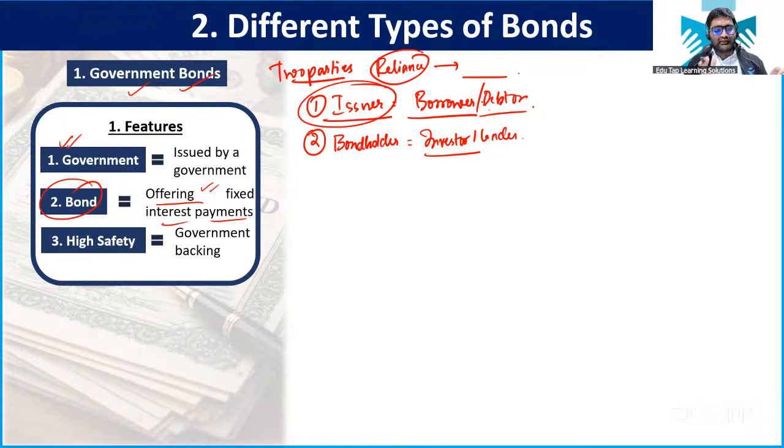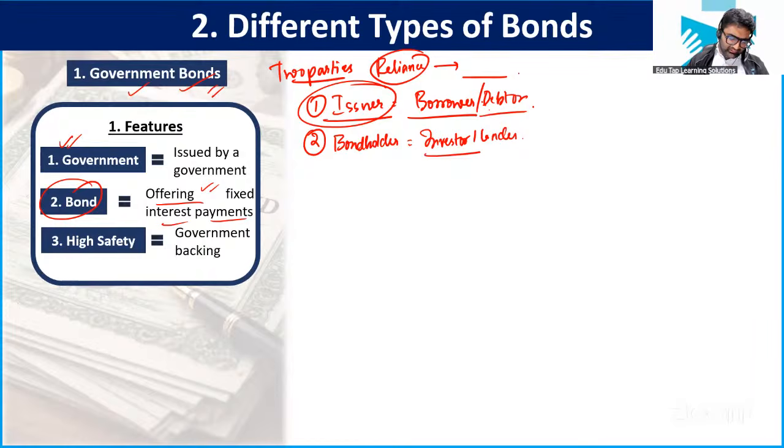Why can we say this? Can anyone tell me the reason? Government bonds are said to have very high safety. Of course, government backing is there. What does government backing provide? Assurance, high rating, default will not happen, stability is there.